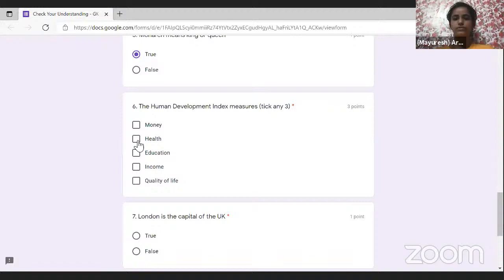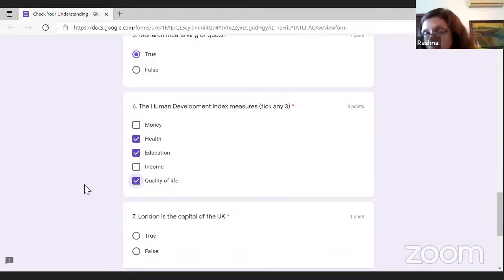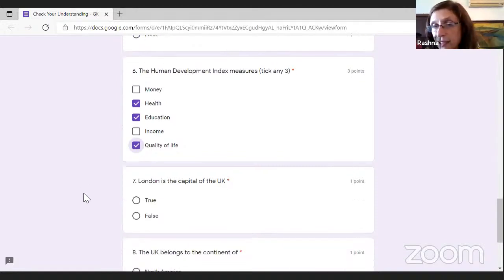Health, education, quality of life. Well done. So we remember the Human Development Index is about human beings, right? About their life, not about the money. It's about how good their life is. And we learned and we know very well that health and education make our life better. Well done.